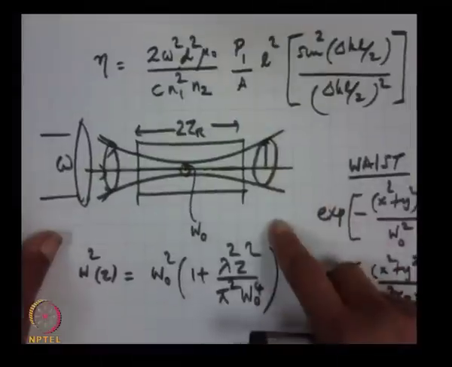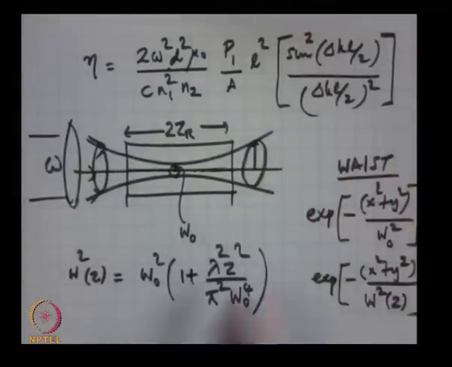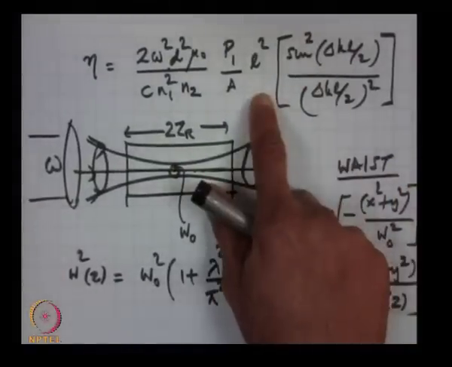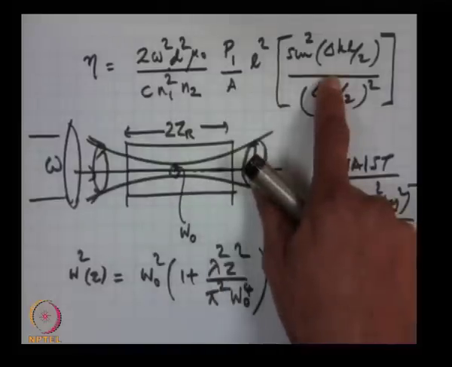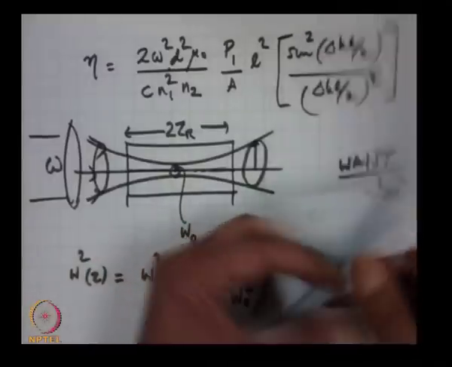Okay, the problem is that if I look at this interaction process, if I look at this efficiency, at delta k equal to 0, I have maximum efficiency, and as delta k changes, the efficiency drops down. Remember, we had plotted this figure as a function of delta k.